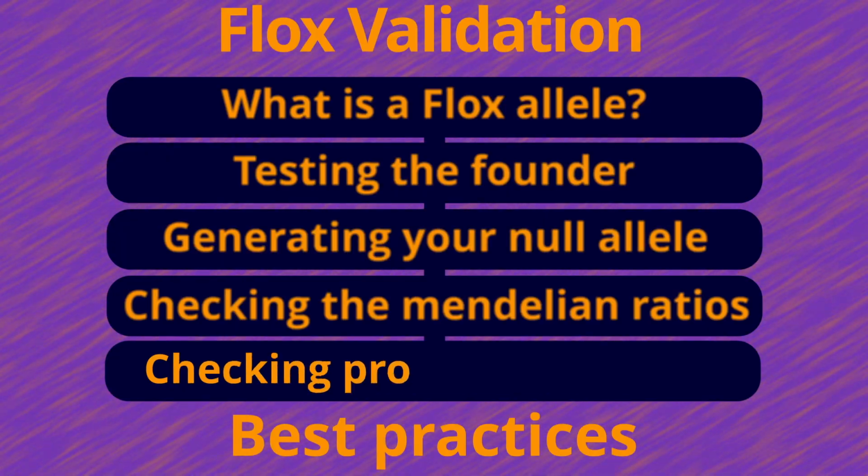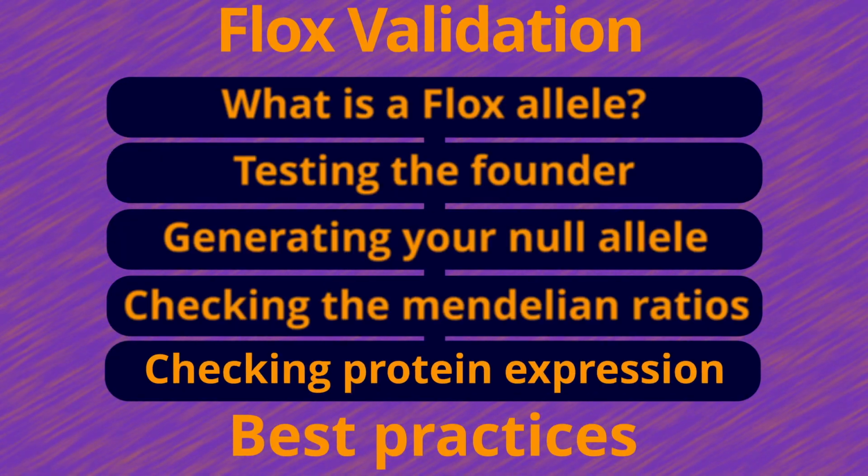So let's assume that your Flox allele is coming up at the expected Mendelian ratios and everything has been validated so far has worked. Finally, you have to do a similar analysis for the null allele, and in this case we will put the emphasis not so much on the Mendelian inheritance but on the expression of the protein.